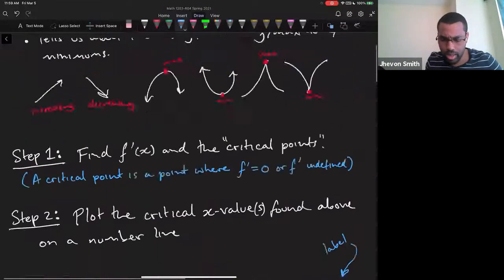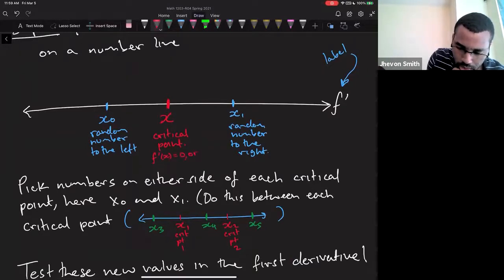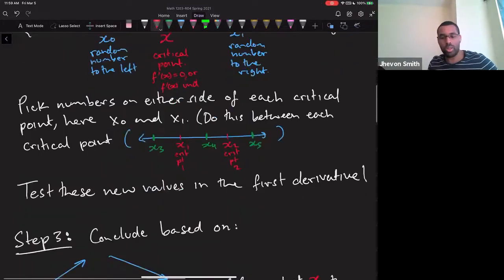I guess I could fill that in. At this point it was clear, but we can fill that in here: f prime of x equals 0, or f prime of x undefined. That's what critical point means there.